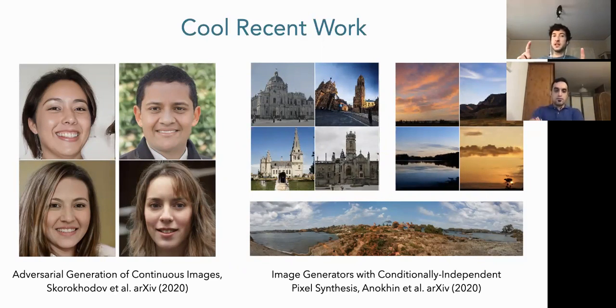These papers do it in slightly different ways, but the way you can think about it is they're predicting the weights of this underlying network so that you can pass in any coordinate and produce an image from that. So it's sort of like a hypernetwork, if you're familiar with that term, where what you're predicting is the weights of this network. Okay.